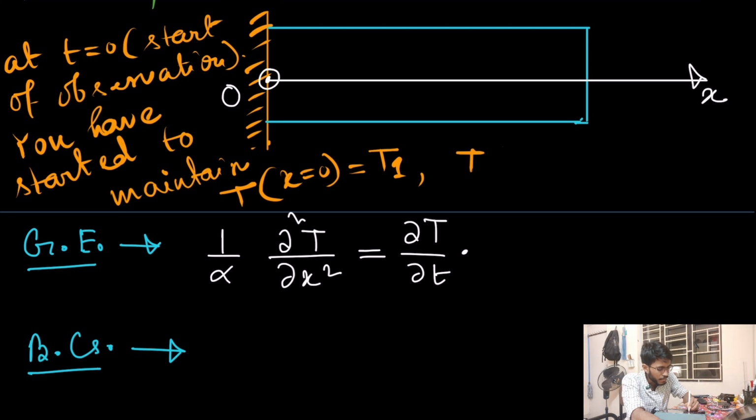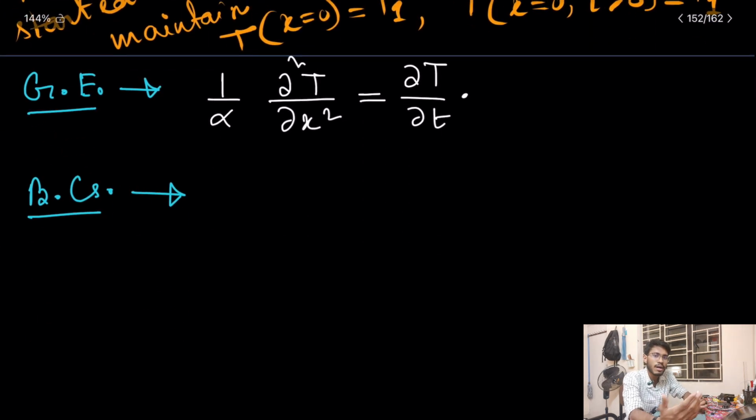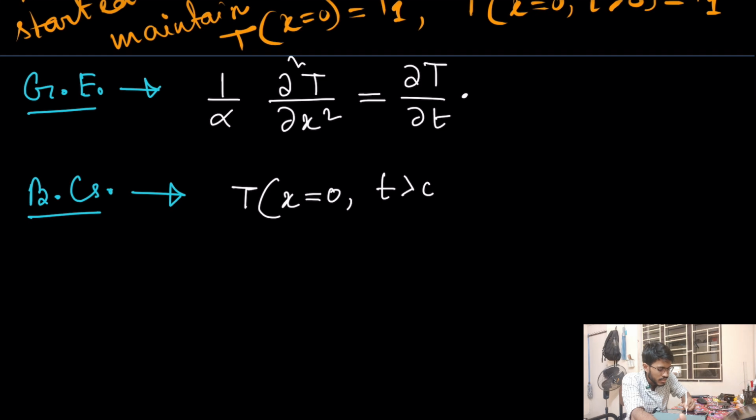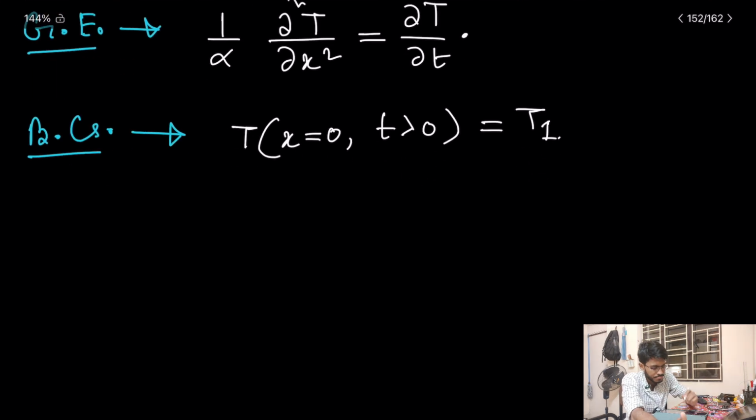That means the temperature at x equal to 0 for any time t greater than 0 is equal to T1. You are maintaining that temperature by any means. Practically you can do it by putting a heater. Mathematically we write it as T at x equal to 0, at any t greater than 0, is equal to T1, right?